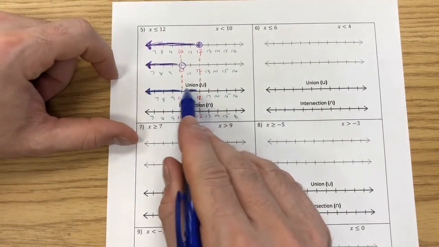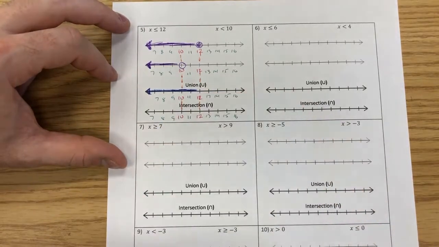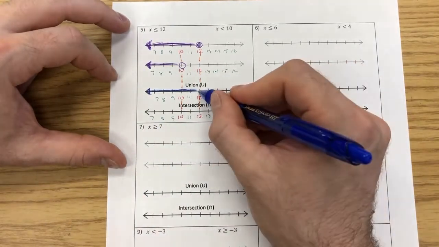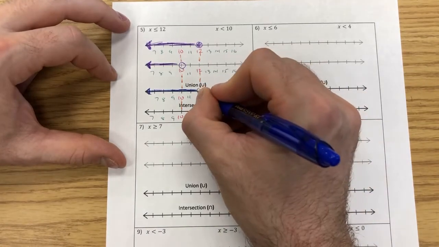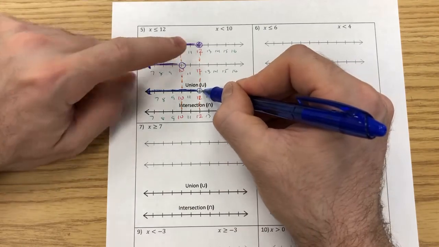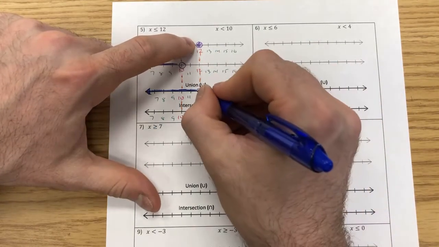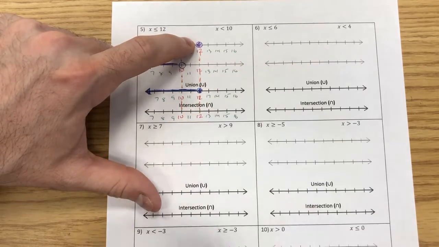Because there's no gap between the left and the middle, I include the barrier point or the boundary point. But because it stops right here, I have to put a boundary in. I'm going to say, hey, is my boundary point included in one of the graphs? In this case, yes, it's included in the top, so I shade it in.